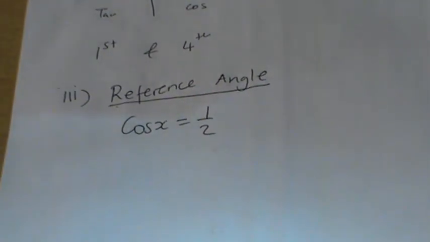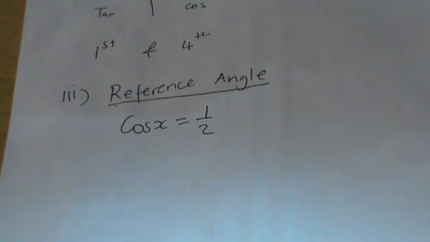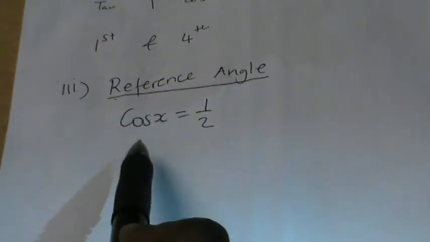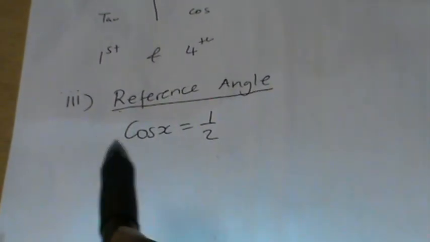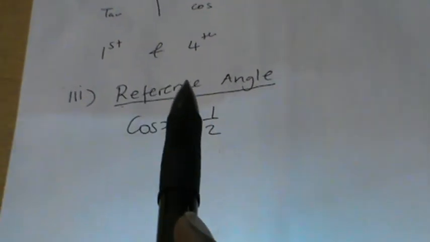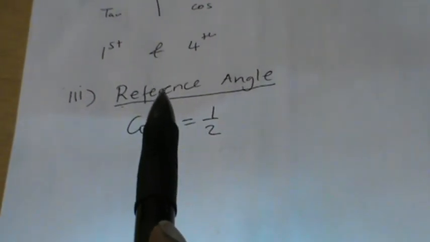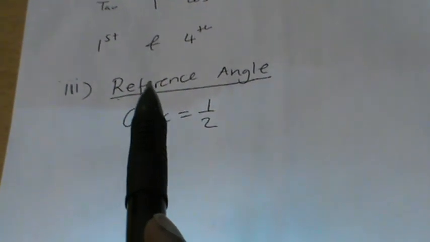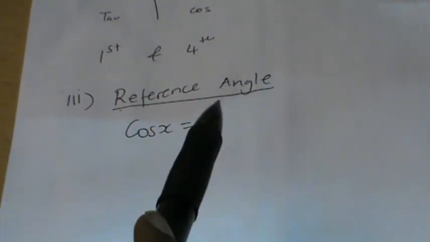Now remember here, cos is not like a number that you divide by, so I don't say divide by cos on both sides and then it cancels. The way I get rid of cos is by taking cos inverse on both sides. So when I take cos and then cos inverse, they cancel each other out.